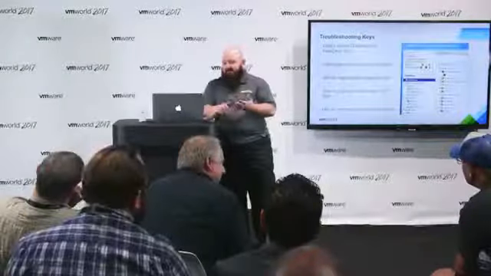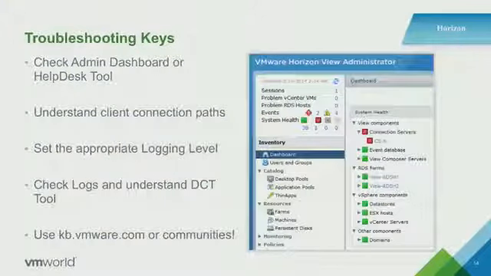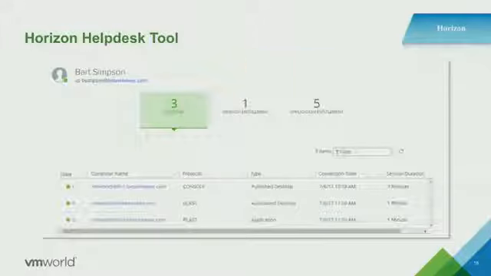So watch for that. Do it for a short period of time, 6 hours, just enough to capture that issue. And once you've captured that, return the logging level back to its default, right? Use the DCT tool to help collect those logs, and even take a look in community. See if anyone else has run into that, or kb.vmware.com.